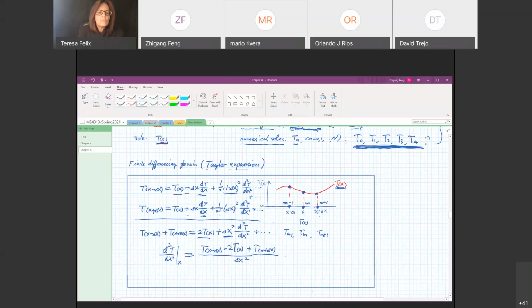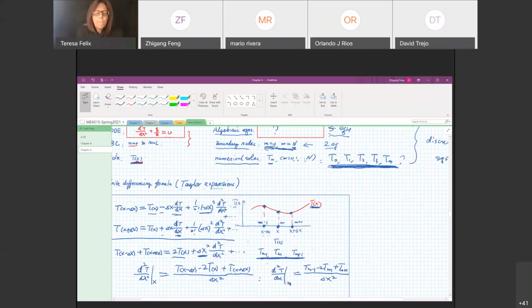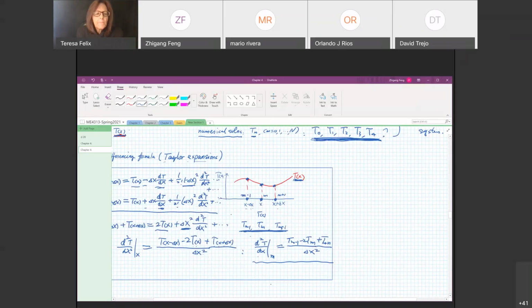And using the index notation, the second order derivative at node point m is equal to T at x minus Δx, that's T at m minus 1, T at x, that's T sub m, T at x plus Δx, that's T at m plus 1, divided by Δx squared. Okay?